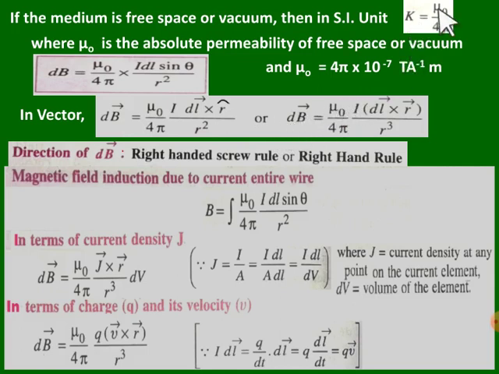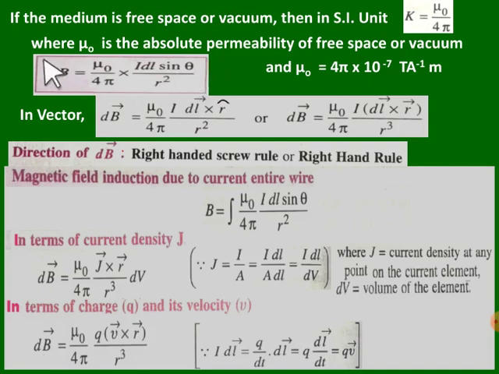Then you will always come across this constant mu naught by 4 pi, and this mu naught by 4 pi will be equal to 10 to the power minus 7. That value you need to take, right? So like that, if you want to write it, then dB is equal to, instead of k, you put mu naught by 4 pi into I dl sine theta by r square.